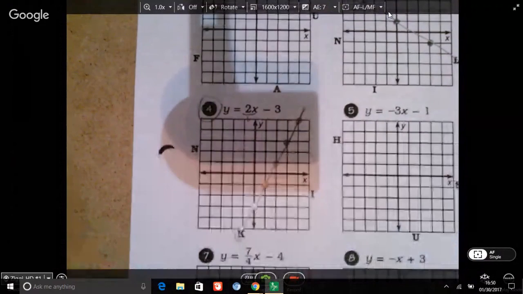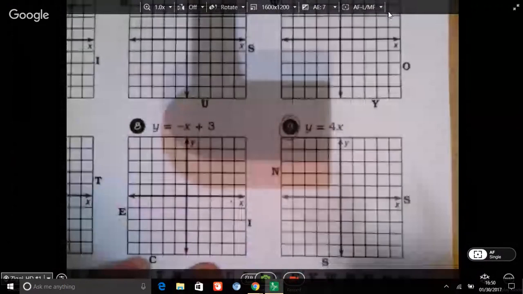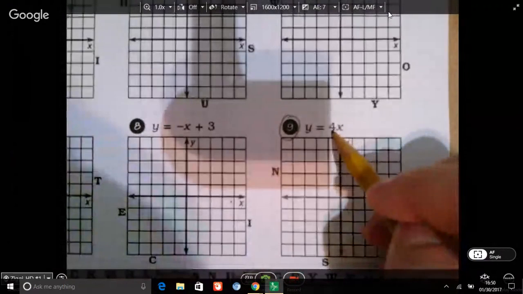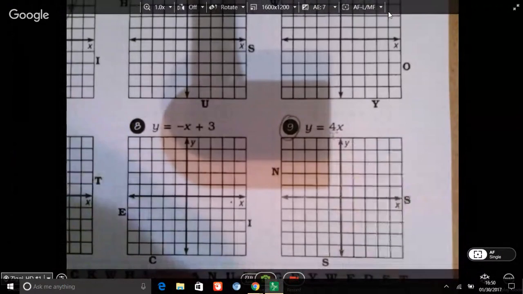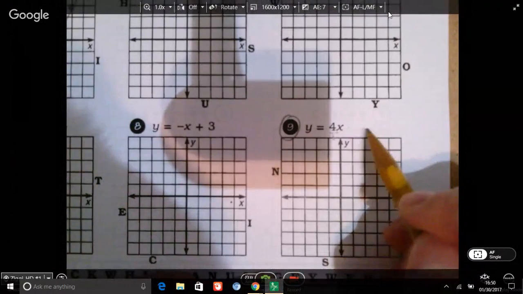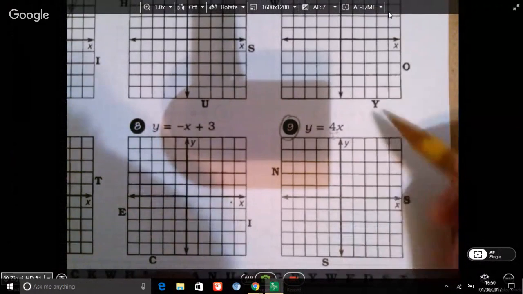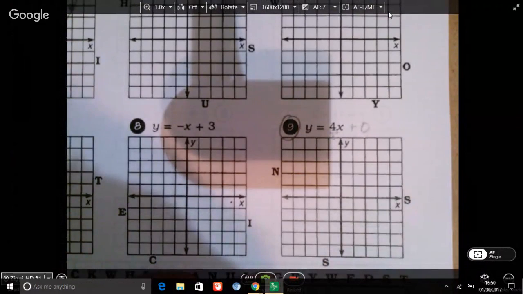In number 9, notice the coefficient of x is 4. That's your slope, so 4 over 1. There is no constant, no minus this or plus that. Since there's no constant, it's the same thing as plus 0.